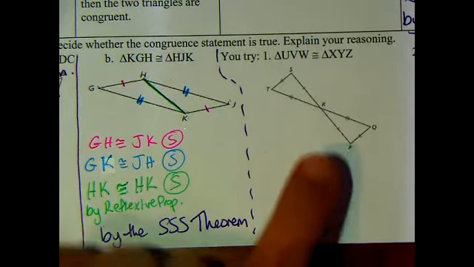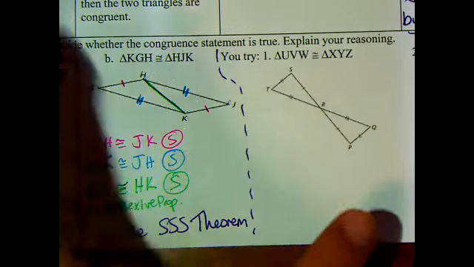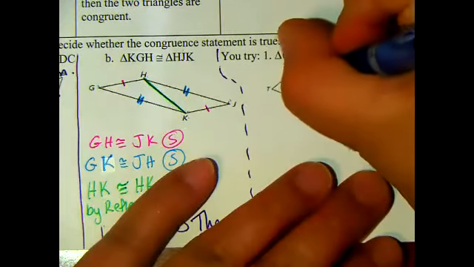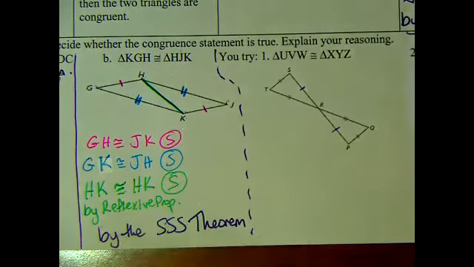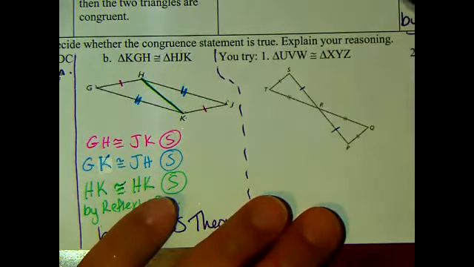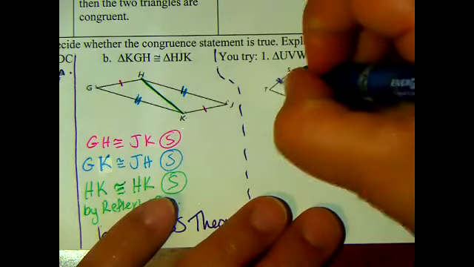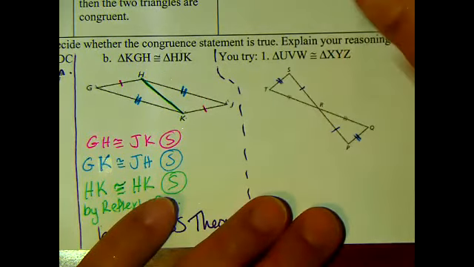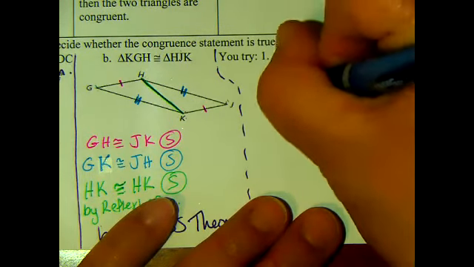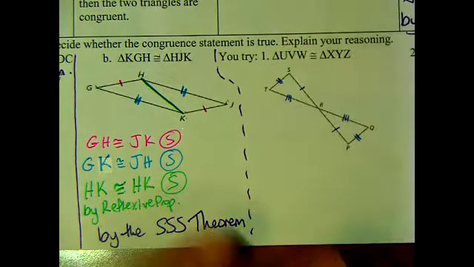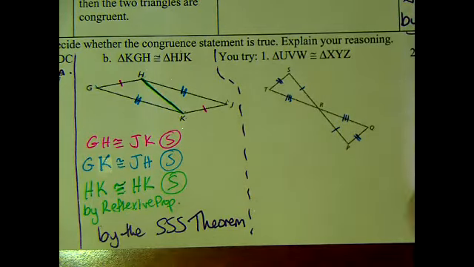We are given one here and one here. Actually, I'm just going to draw the tick marks. I want you guys to list it out, and then I'm going to ask you which theorem can be used here.